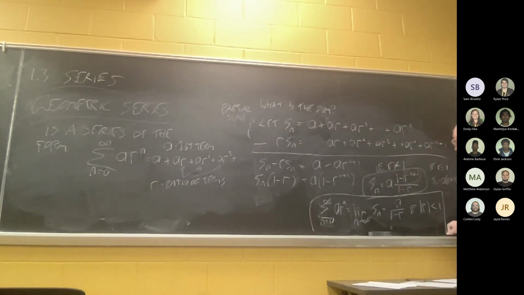This describes the sum of a geometric series, if it has a sum. If the absolute value of R is greater than or equal to 1, it diverges. So now we know under what circumstances a geometric series converges, and if it does converge, we have a formula for the sum, A over 1 minus R.